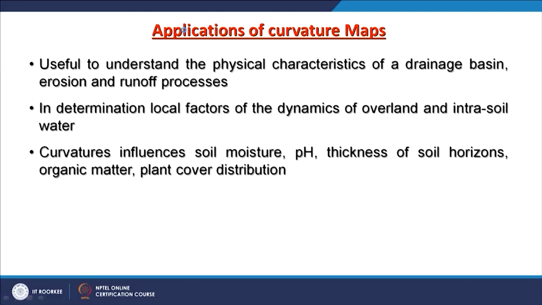Curvatures, as you know, influence soil moisture, because erosion and deposition, divergent and convergent flow will control the soil moisture conditions. They may influence even pH values of soil, thickness of the soil horizons, because if erosion is taking place there will be a less thick soil horizon, and if deposition is taking place there might be a thicker soil horizon, depending on the conditions, organic matter, plant cover distribution, etc. And curvatures are indicators of geologic lineaments, ring structures, and can be used to determine fault morphology as well.